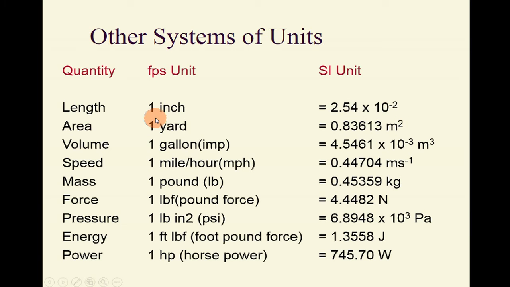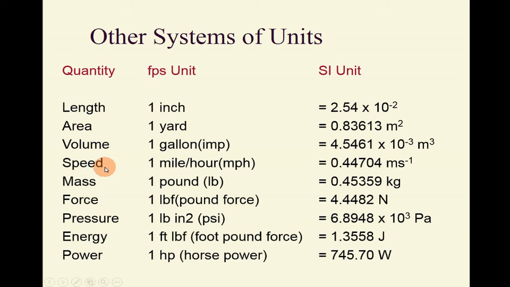Area, if we have 1 square yard in FPS unit system, it would be equal to 0.83613 meter square. And when volume is concerned, 1 gallon, that is imperial gallon, is equal to 4.5461 into 10 to the power minus 3 meter cube.